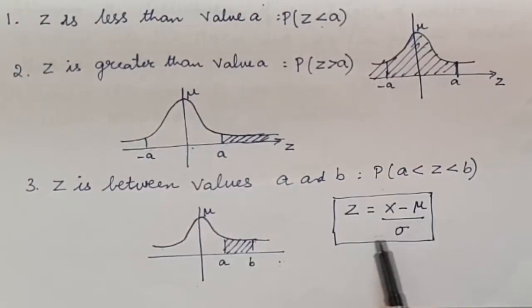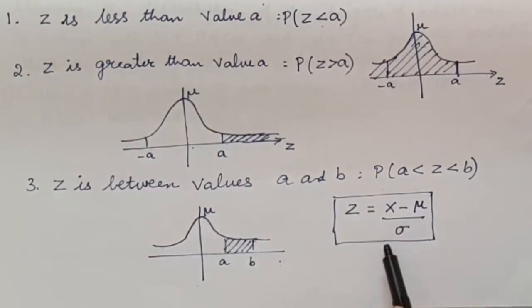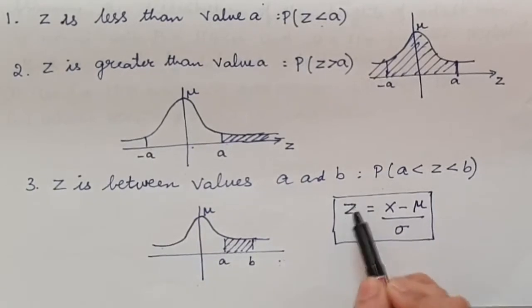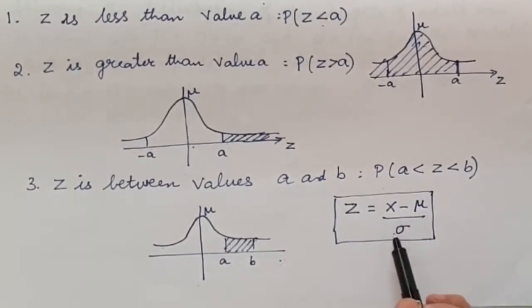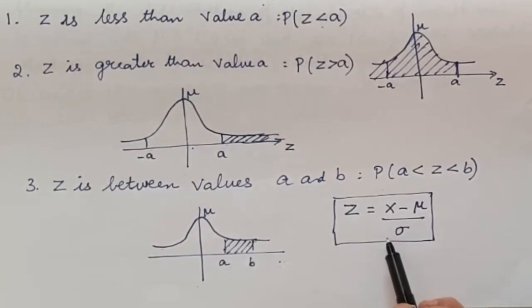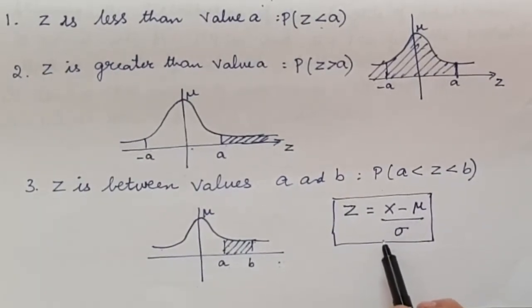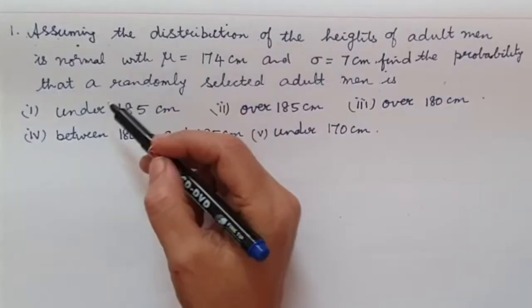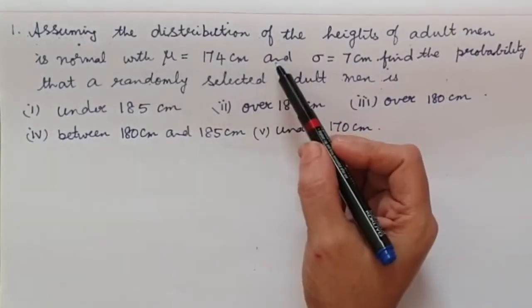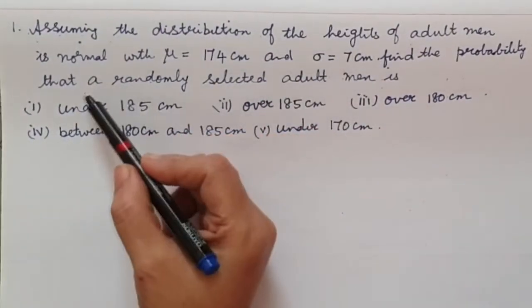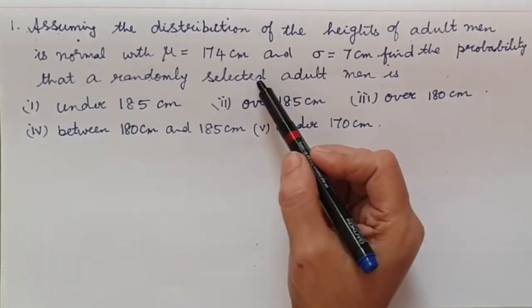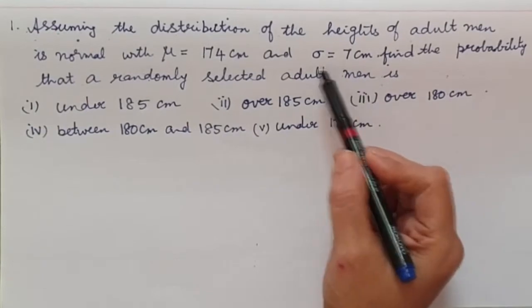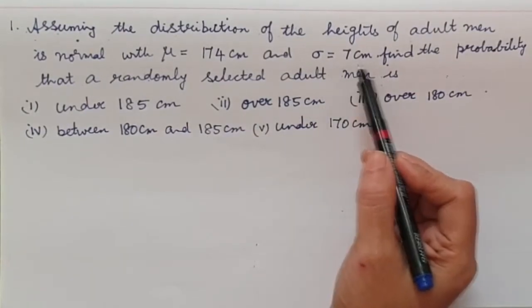To find the area of any interval under the normal curve, we standardize to the z-score using the formula z equal to x minus mu over sigma. Now let us see how to apply this formula while solving the questions. The first question: assuming the distribution of the heights of adult men is normal with mean mu equal to 174 centimeter and sigma equal to 7 centimeter, that is the standard deviation is 7 centimeter.